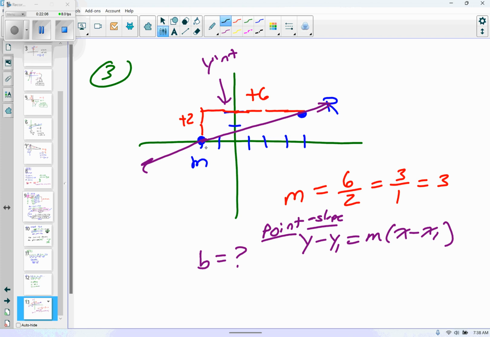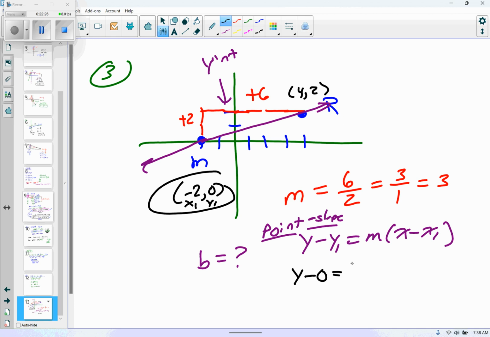And actually how you do this problem is this. It's kind of interesting. So you know that this was the point -2, 0, and this was the point 4, 2. So you have to pick one of them. I always like to pick the one that has a 0 if possible. So I'm going to pick this one, and I'm going to call that x1. I'm going to call that y1. So that means I have y minus 0 equals the slope, and I'm going to use the 3 because it'll make it easier, x minus 2.